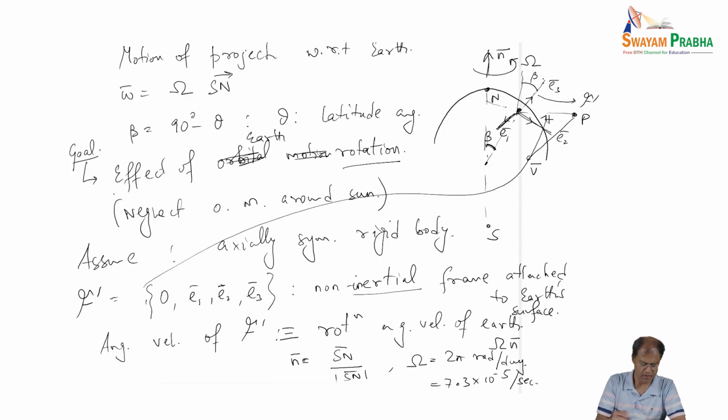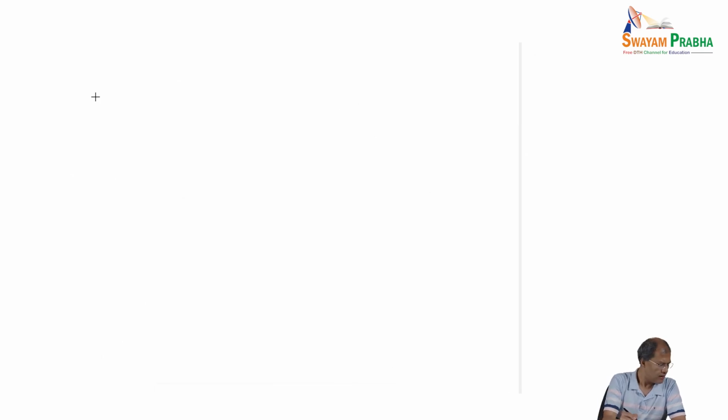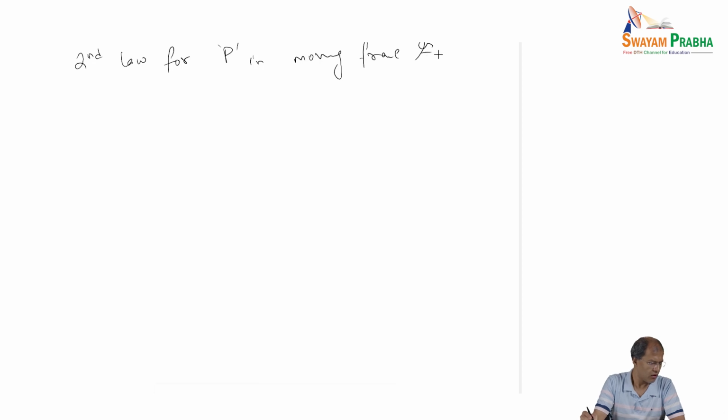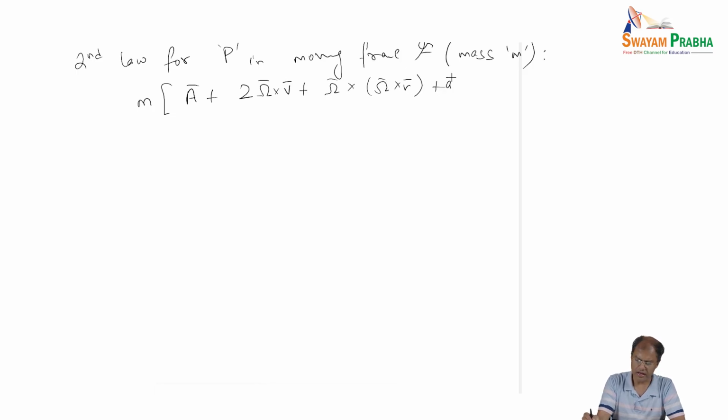So according to the second law for P in the moving frame, for the particle of mass m, m times A plus 2 omega cross V plus omega cross omega cross R plus A naught equals F external.